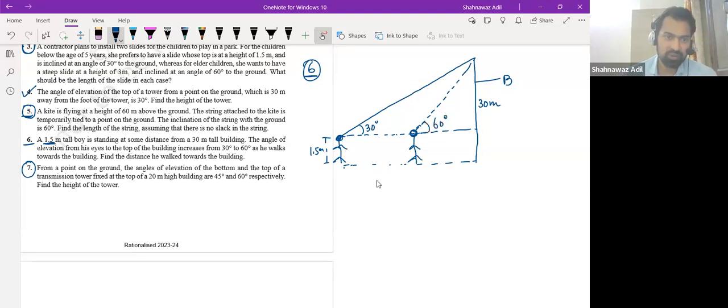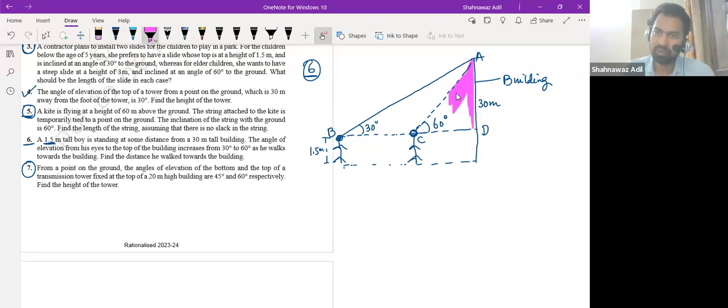Let's say this is point A, this is B, this is C, this is D. Now we have to find how much distance he has walked towards this building, right? So what is the distance that we have to find? BC. Good. So let us find the triangles first.